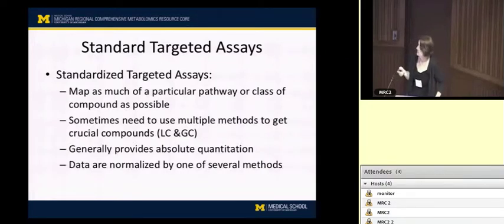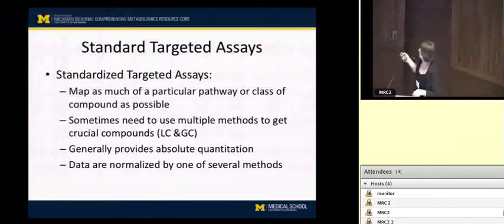And if it's in tissue or cells, we're going to normalize it to the tissue amount or the protein content of the cells, so it would be like micromoles per milligram or whatever the case may be, as opposed to untargeted metabolomics, which is really just looking at peak areas and doing a relative quantitation. And again, this was touched on earlier today a little bit about normalizing as well, and I'll talk about that in more detail next time.